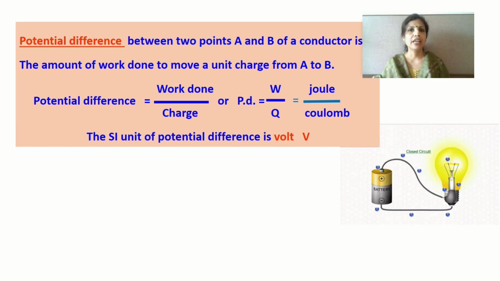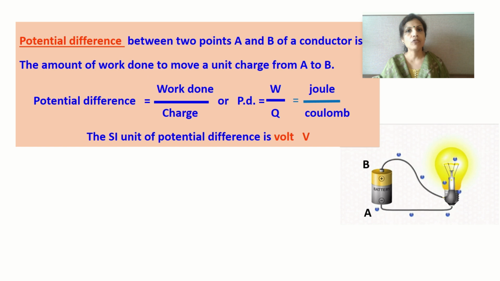I'll call the negative terminal end A and this is end B. Now when the electrons move from end A to end B, work is done. We have seen last year that when there is a displacement of an object from one place to another, we say that work is done.